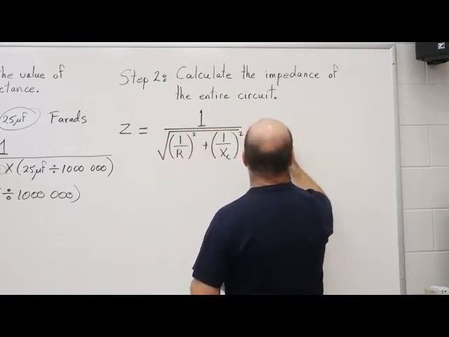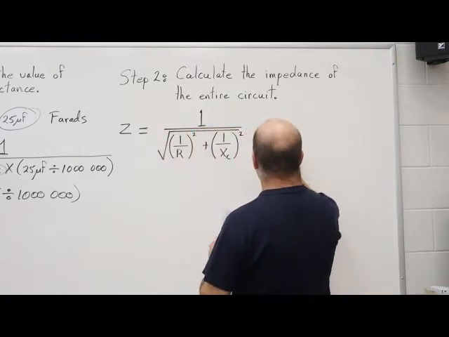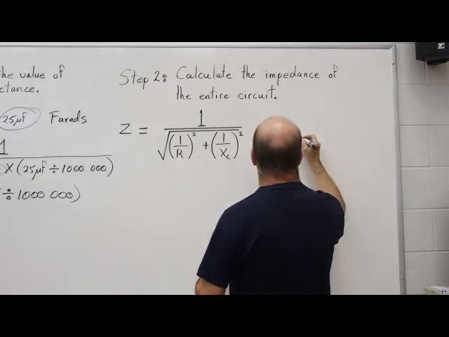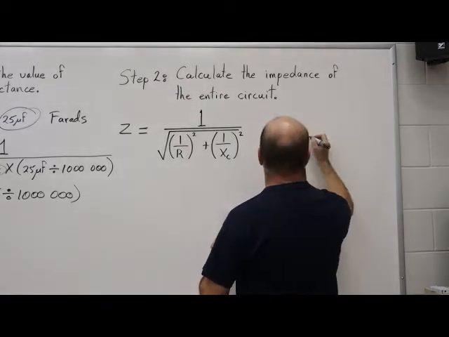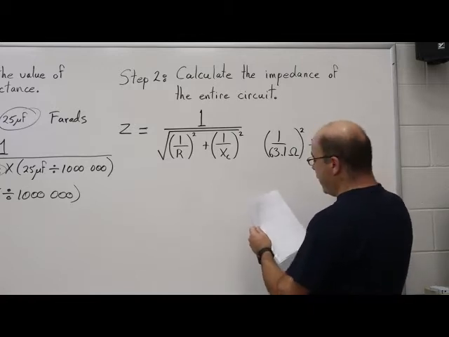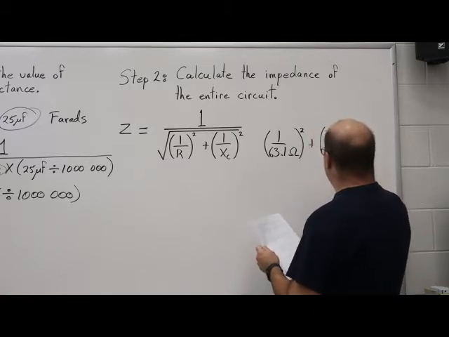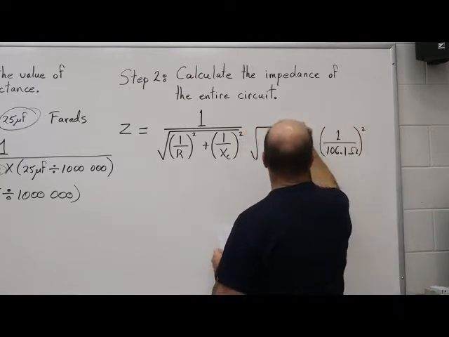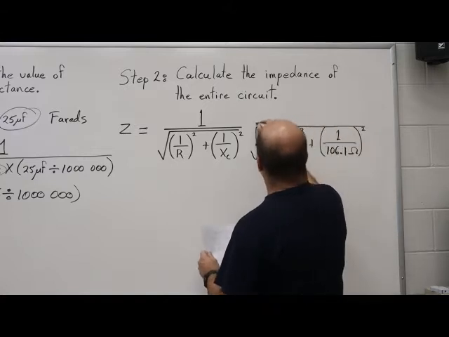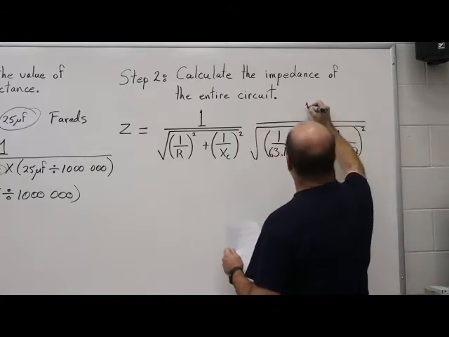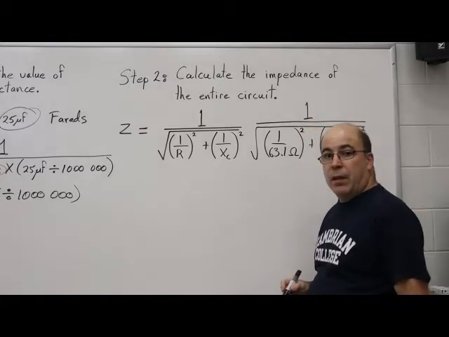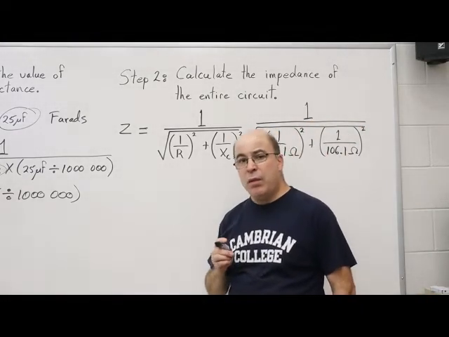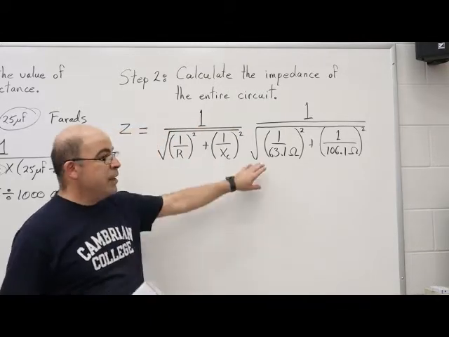So if I put in 1 over 63.1 ohms squared plus, can't forget that PEDMAS rule, 106 ohms of capacitive reactance, 1 over squared, square root, and overall 1 over.